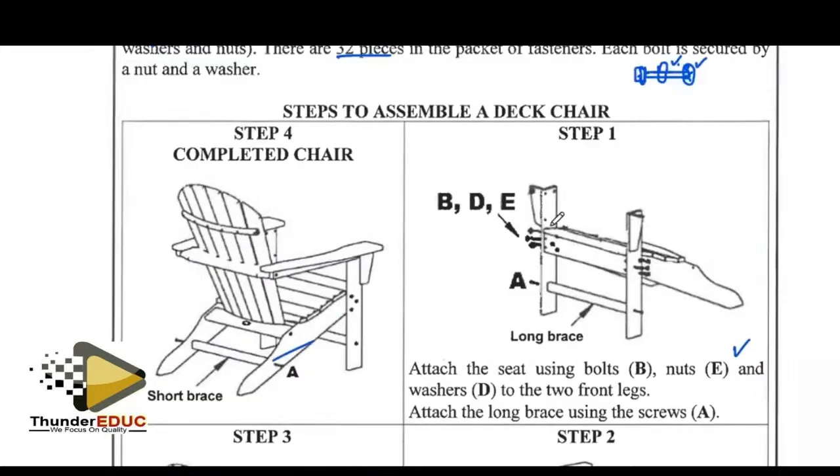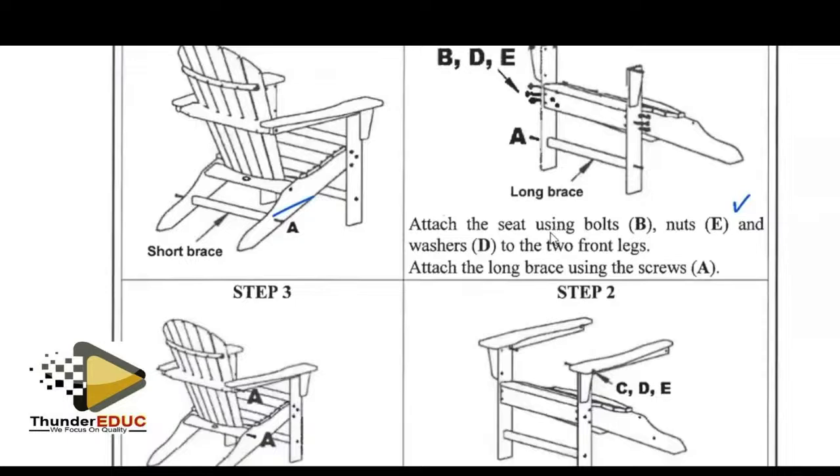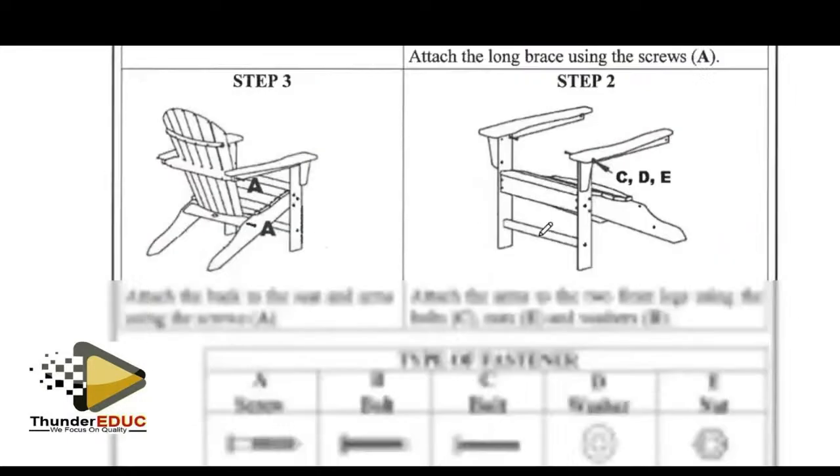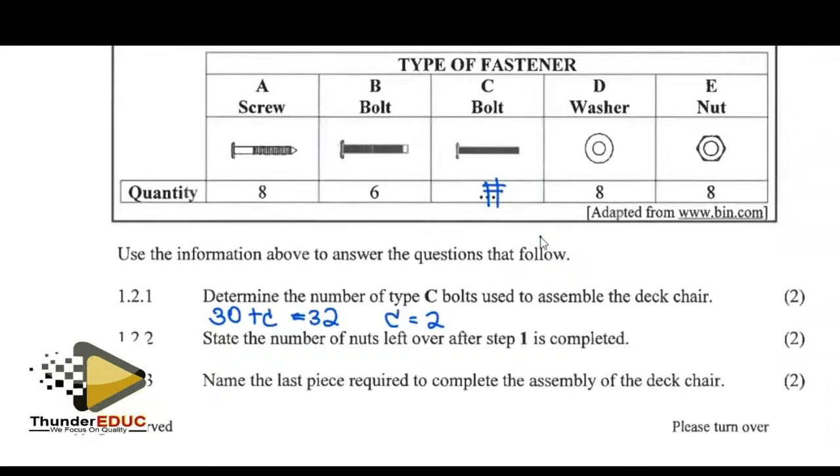They never told us how many nuts are inside here, but anyway, we take 1 E, and also on this other side you take E. So of the 8 nuts, you've taken off 2. How many do you remain with? 6. 6 what? Nuts.